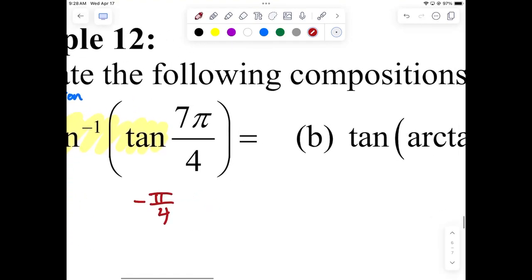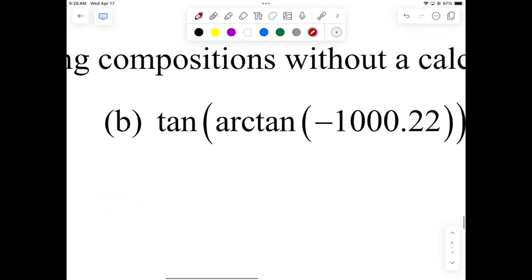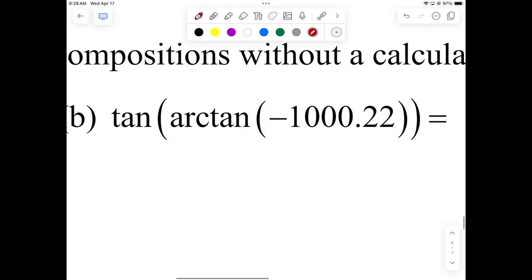Letter B. The answer is negative 1,000.22. Why, Ryan? You're right, because it's a real number and it's an inverse of a ratio. It's a ratio. There, that's what I was looking for.